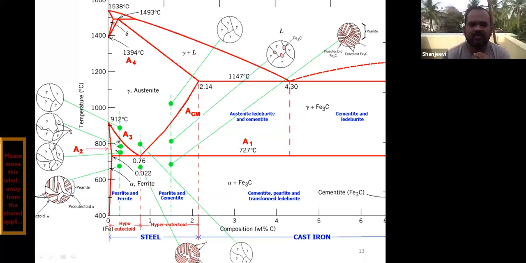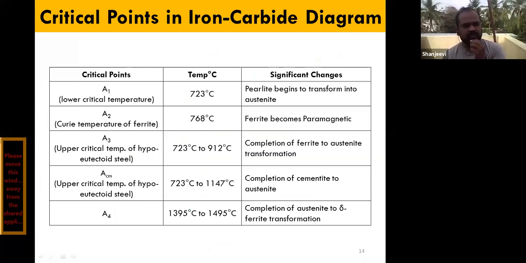Now I want to discuss the important points, the critical points. A1 represents the lower critical temperature, A2 the Curie temperature, and A3 the upper critical temperature, and Acm, cementite, is the upper critical temperature. Then A4. These are the indications.